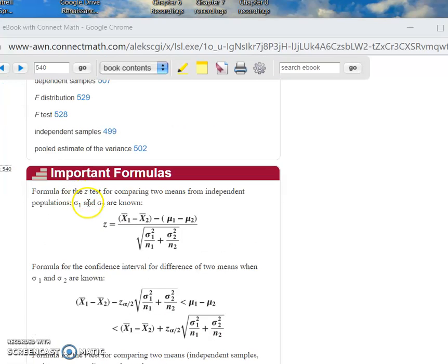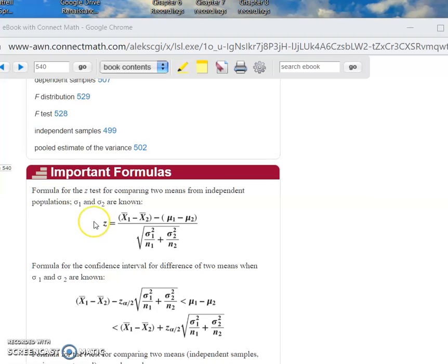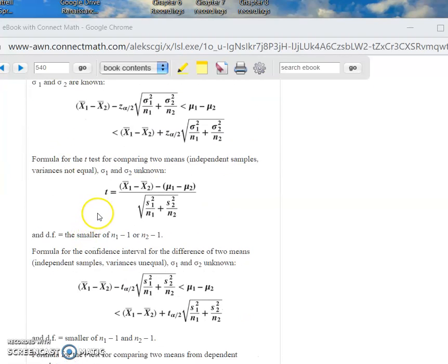So just like before, if we know the population variances, then we can use the z-test. If we don't know the population variances, but we have these samples, then we use the t-test. I hope that makes sense to you. So that's just like we did in Chapter 8.